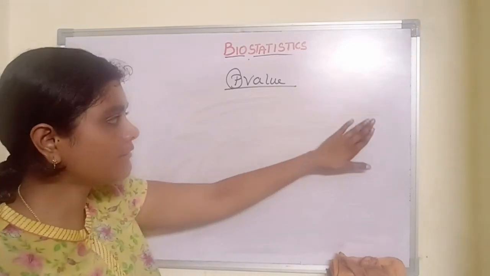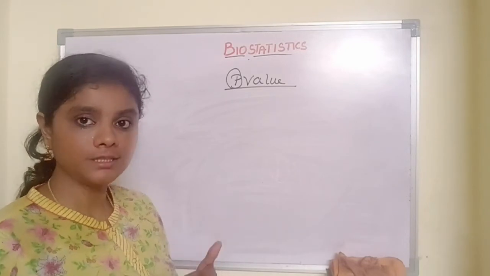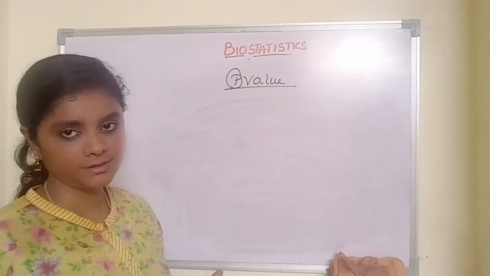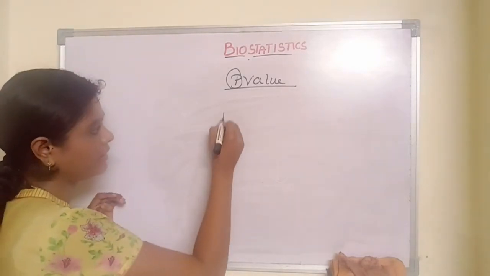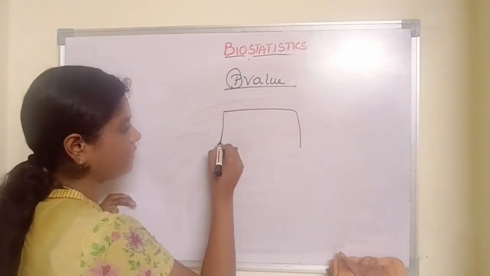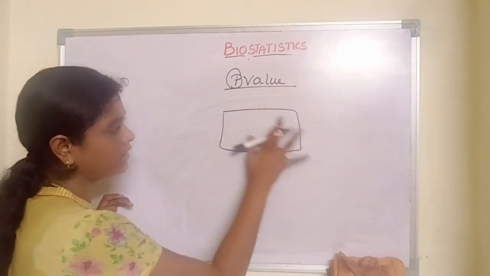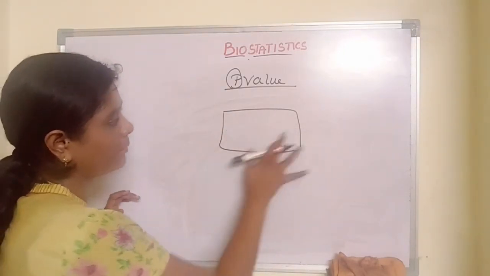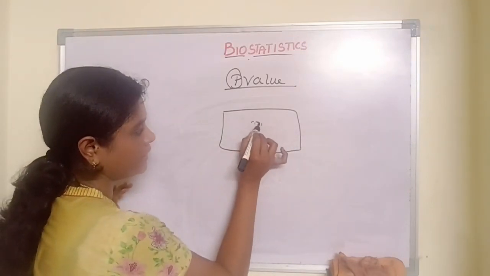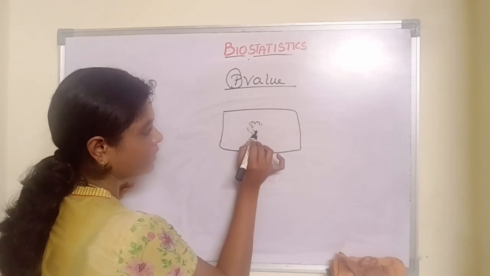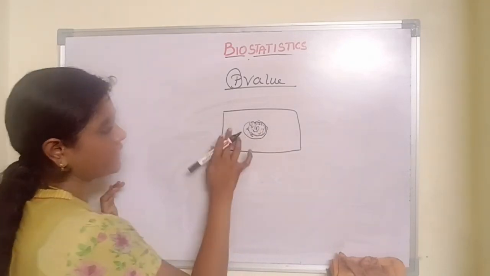Now the p-value is nothing but how many times the null hypothesis can be proven true. It's a common example that we can see every time. Look at your laptop touchpad. In your laptop touchpad, you can see there is a darkened zone and a light zone.